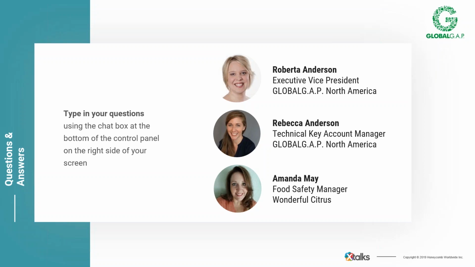Perfect. Thank you, Roberta. And we have another question from the audience here. That question is, can groups be certified under GLOBAL.G.A.P's Harmonized Produce Safety Standard, the standard that mirrors the USDA's HGAP standard? Rebecca, do you want to take that since you actually mentioned that already? Yeah, the producers can be certified as a group under HPSS, or Harmonized Produce Safety Standard.